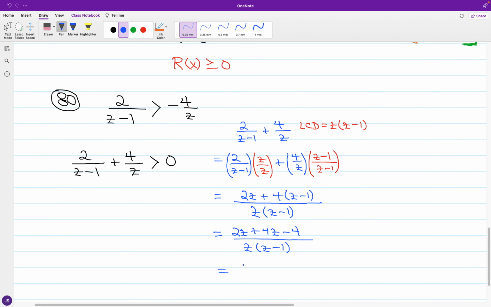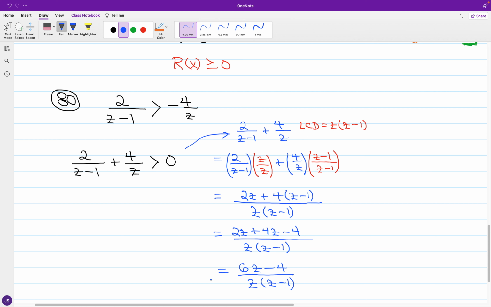And finally putting it all together, we got 6z minus 4 all over z times the quantity of z minus 1.